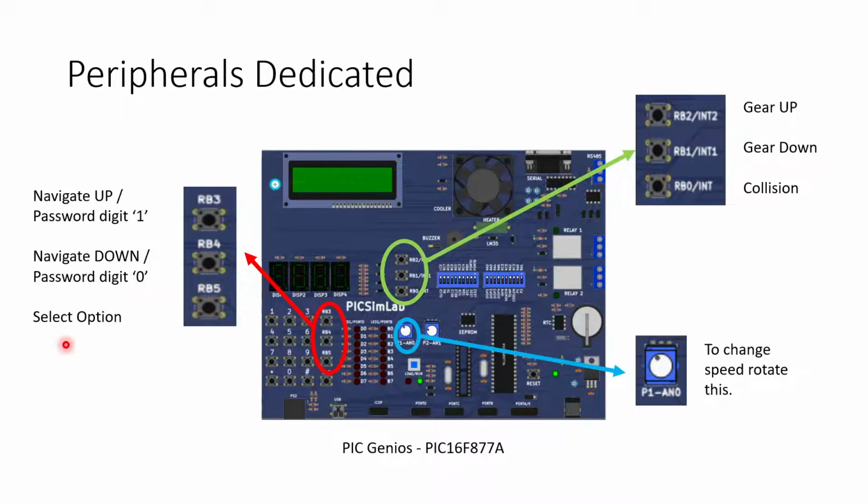And RB5 is for select option. And this is our board that we have used, PicGenius, with the PIC16F877A. This is the character LCD, and this is the RTC. This is our microcontroller. This is the potentiometer. These are the digital keypad.